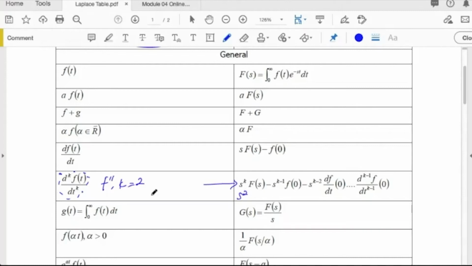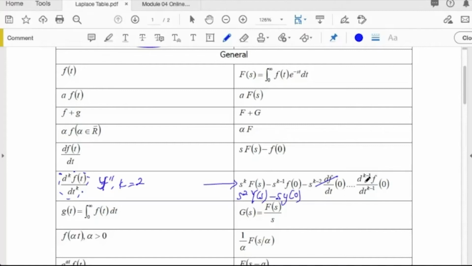Since we are using y, we have a capital Y(s) minus s times small y0. That one's 2 minus 2 will give you 0, so this whole thing becomes 0.